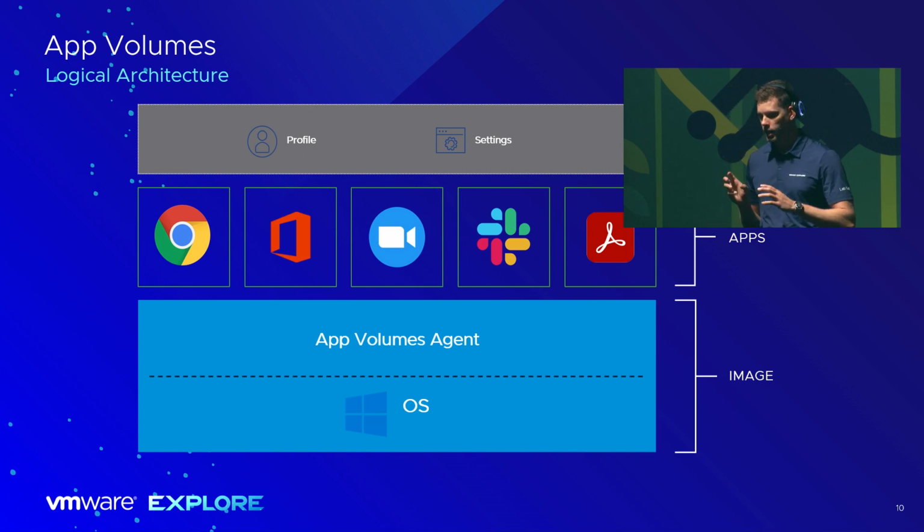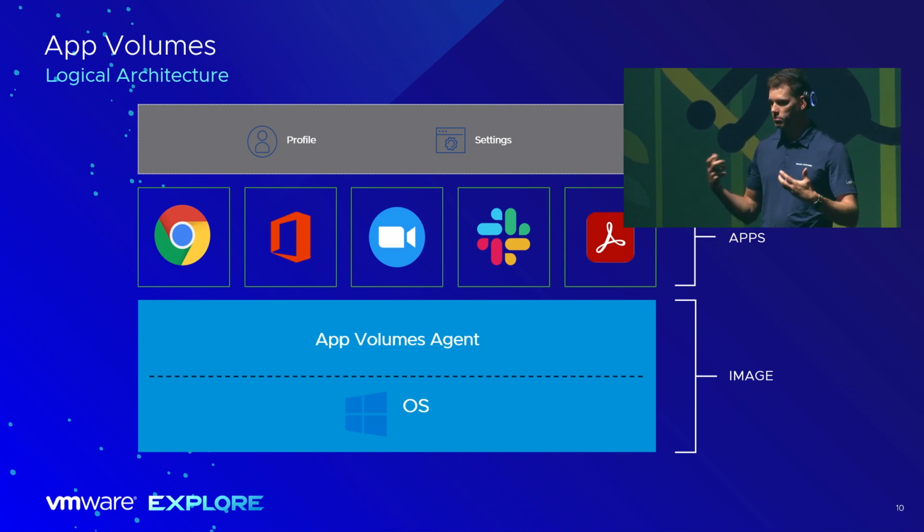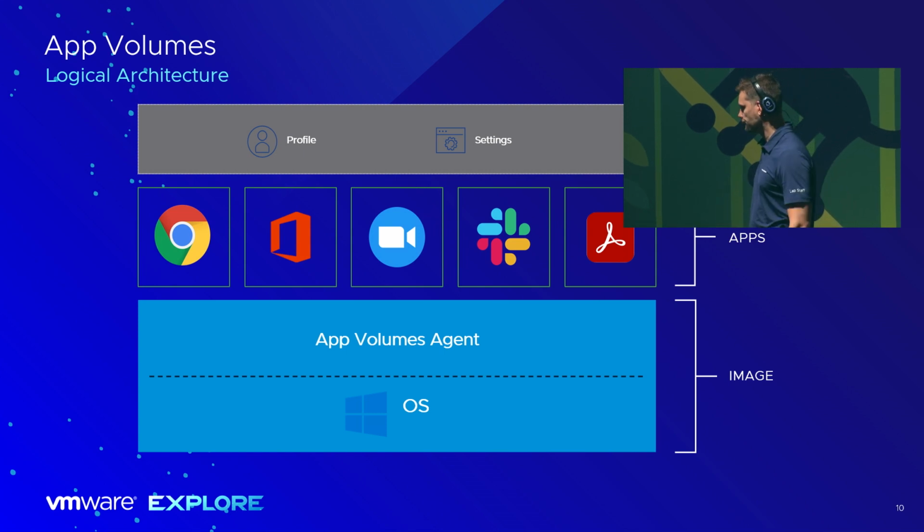But we can use the application settings and apply those to the individual VMs, as well, and then with AppVolumes, we're taking the applications, packaging them together, and delivering them on top of a clean, simplified golden image. This reduces the amount of images that we need to have in the environment, and we can deliver unique experiences to a larger group of end users.